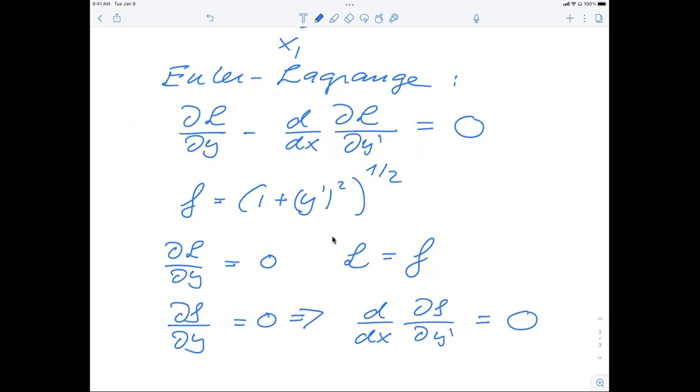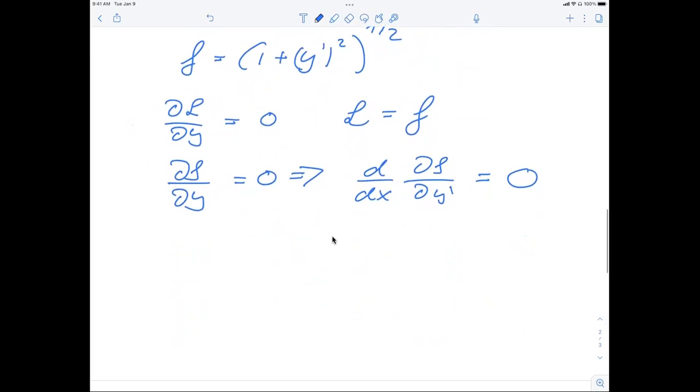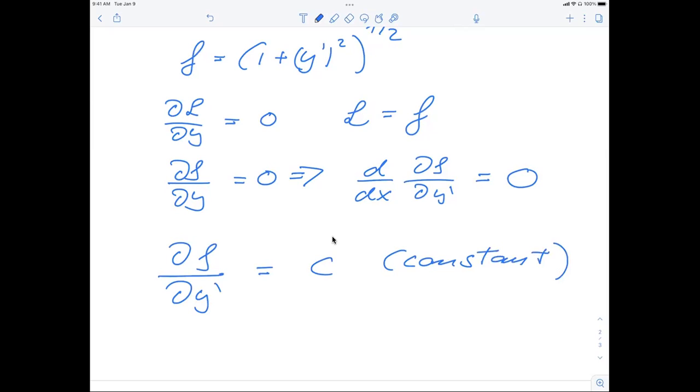Now, what does that mean? That means that if I take this equation and integrate with respect to x, the derivative of f with respect to the derivative of y has to be equal to c, which is a constant. Does that sound logical?